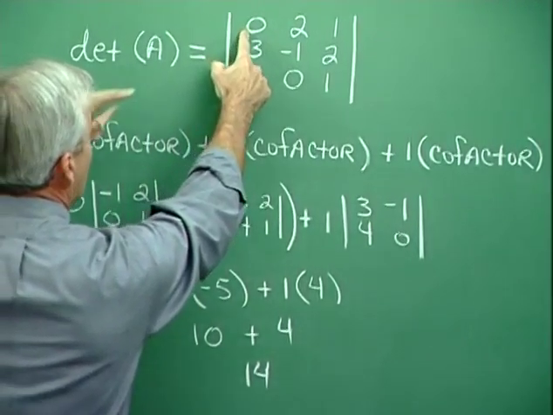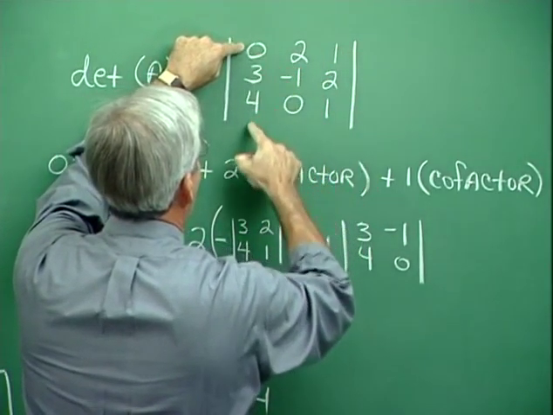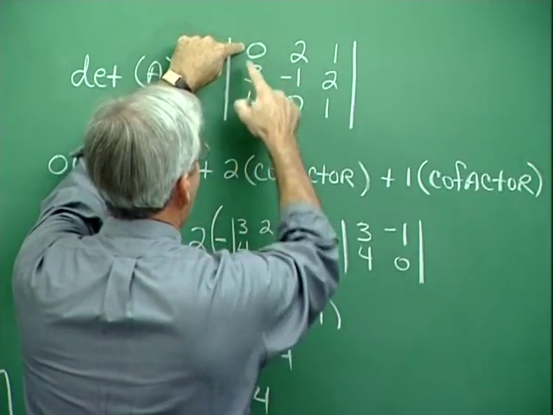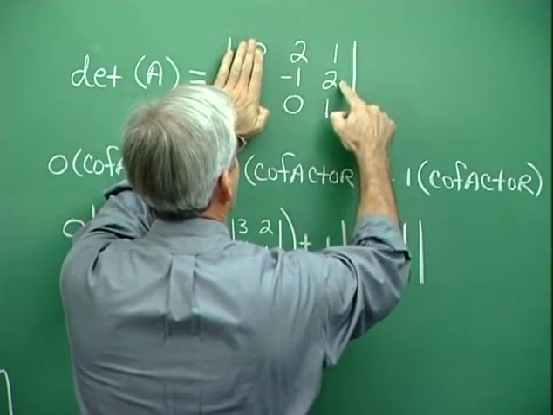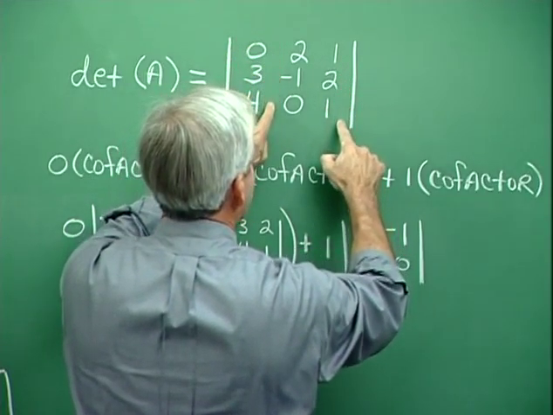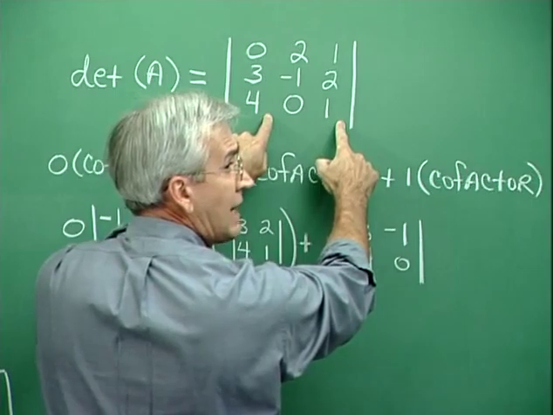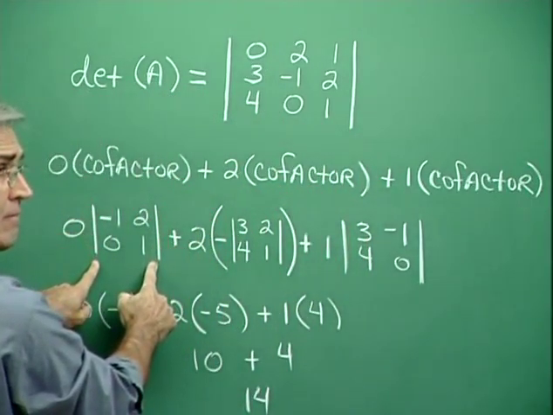Now, look at the entry 0. Now, imagine taking out the row and column involved with 0. Just take it out and imagine those not being there. What's left? Well, -1, 0, 2, 1. You see, and it's the determinant of that matrix. That little 2 by 2 matrix turns out to be its cofactor.